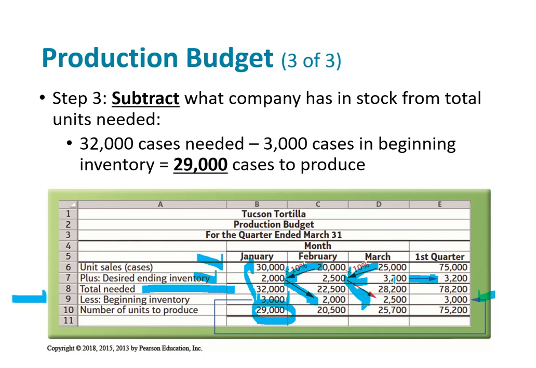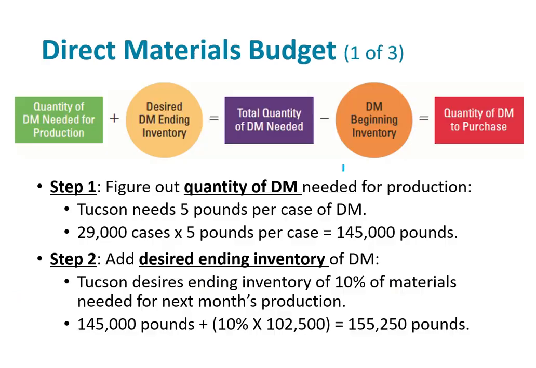Okay, so this is the desired ending inventory here, and this is the beginning inventory. So that's a production budget. Okay, and if you fill them out, it makes sense. We're anticipating how much we have to produce each month given the sales budget that we already calculated.